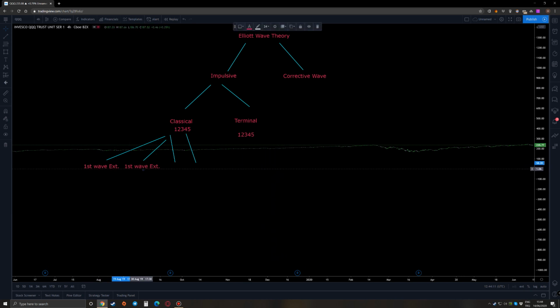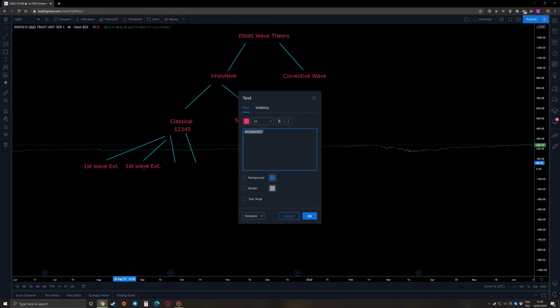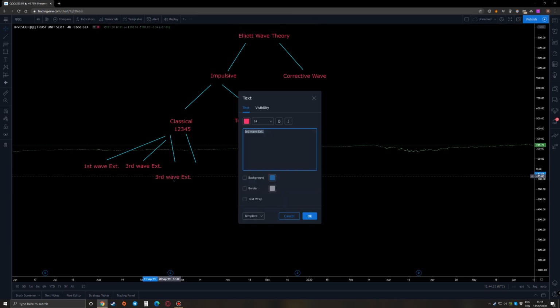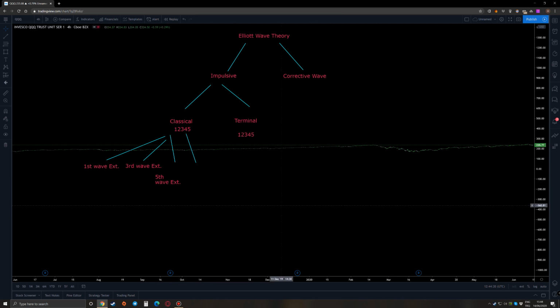First wave. Then you have a third wave extension. You can have a fifth wave extension. Then you can have double extended waves.